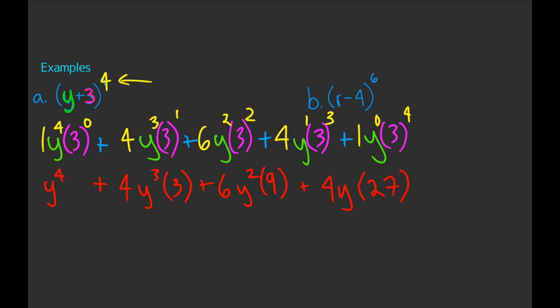And our last term, we have 1. 1 times anything is just anything, so we don't need to write that. We have y to the 0th power, and anything to the 0th power is just 1, so we also don't have to write that. And we have 3 to the 4th power, which equals 81.